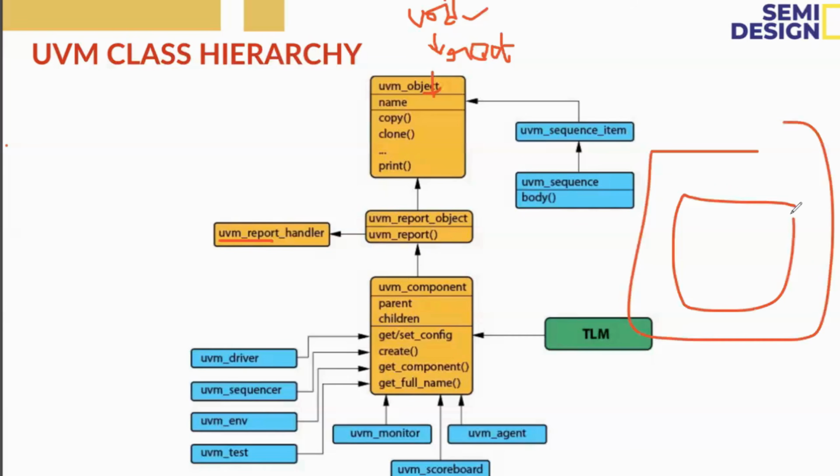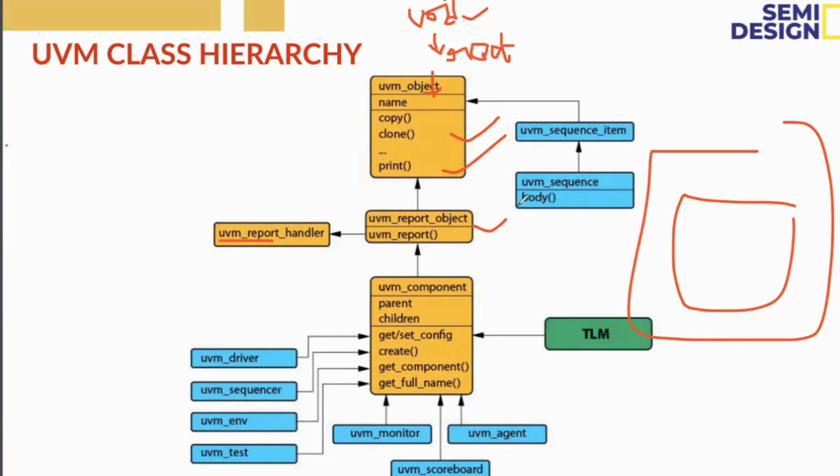So the test is going to be instantiated with a UVM TB top level, which is nothing but an instance of UVM root. For that we use the UVM root. And then the UVM object class is derived from the root. Root is the parent class, UVM object is the child class, and UVM object is the parent class for UVM report.